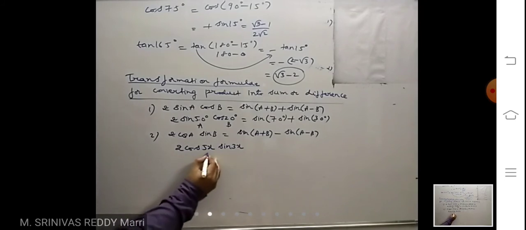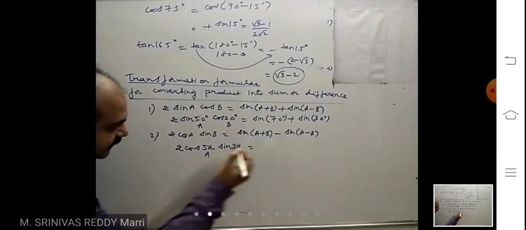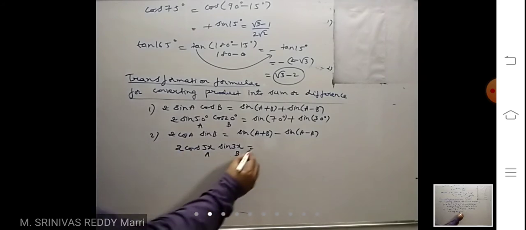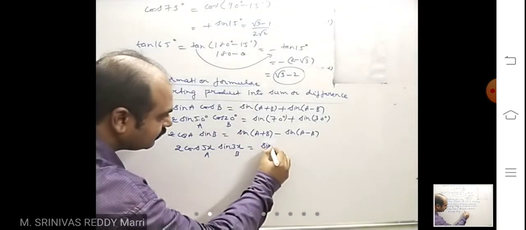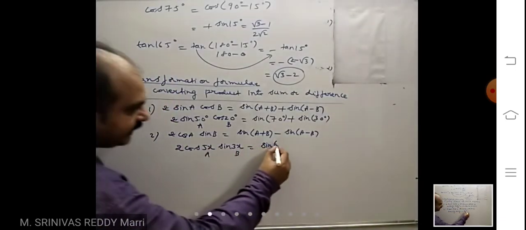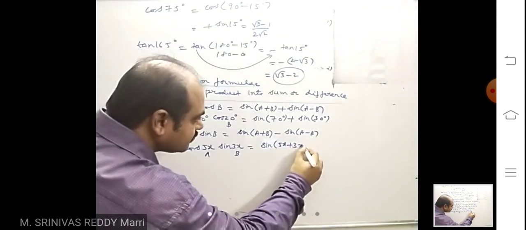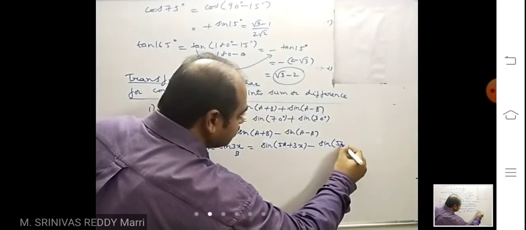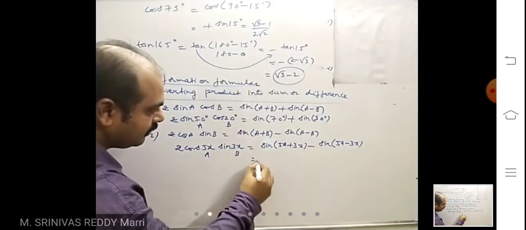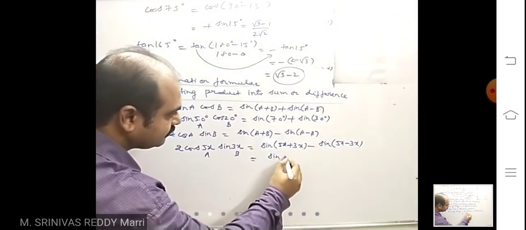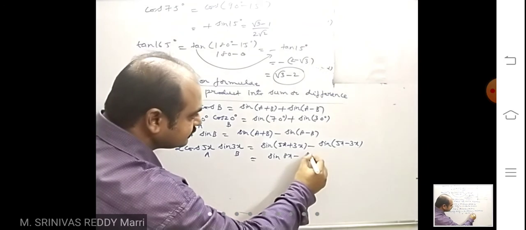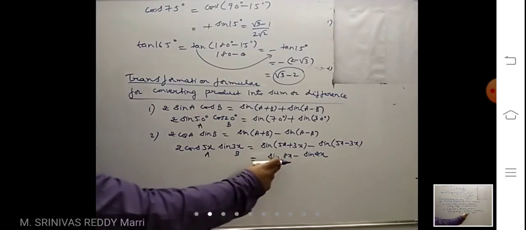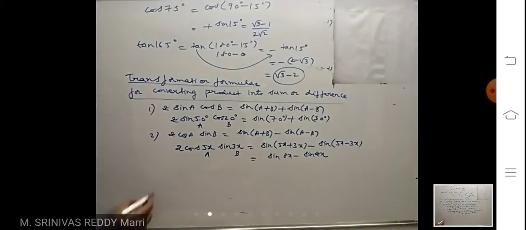So this is A, this is B. 2 cos A sin B is nothing but sin of A plus B minus sin of A minus B. That means sin 8x minus sin 2x. Like that, it is converted into a difference.